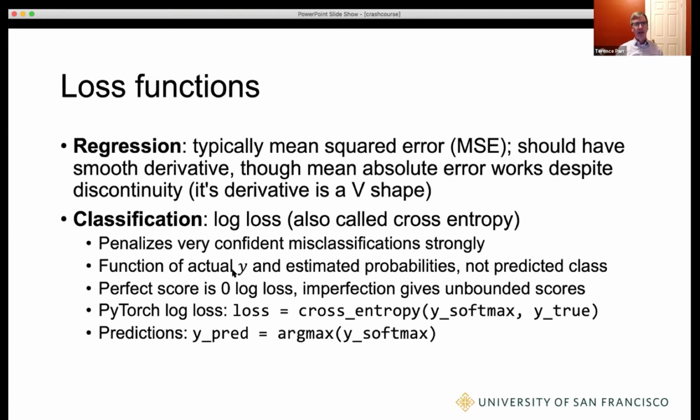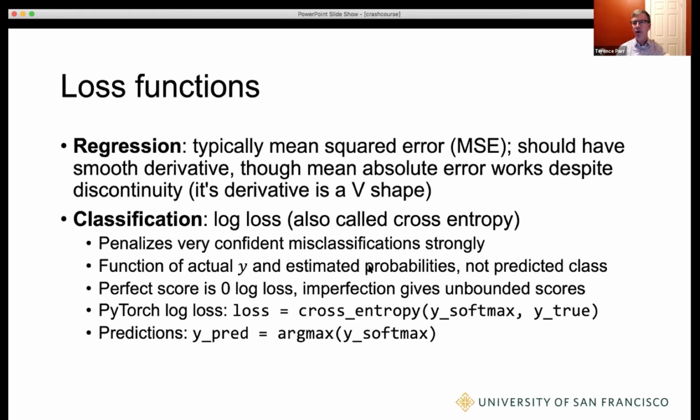It's a function not of the actual target Y and the predicted class. It's a function of the actual class, say 0 or 1, let's think of it that way for now, and the probabilities. So it's the probability that we think it's a cat, not just that it's a cat, right?